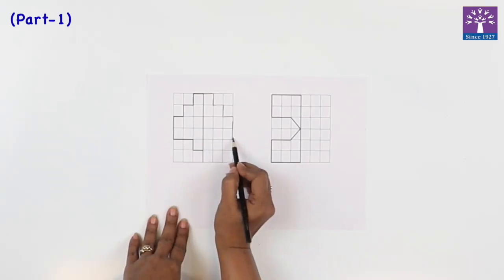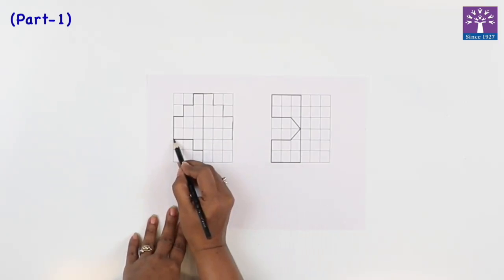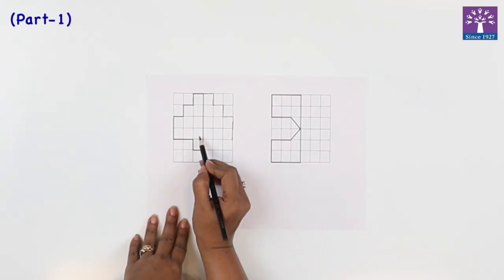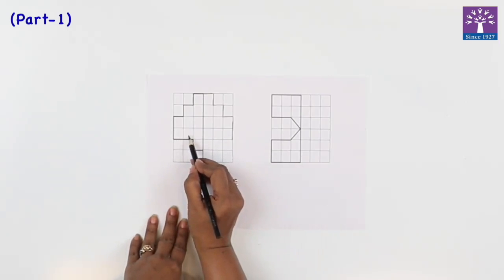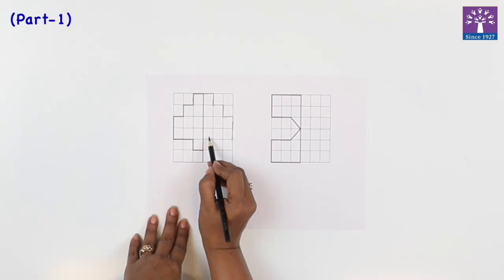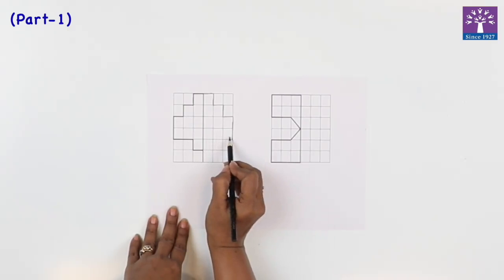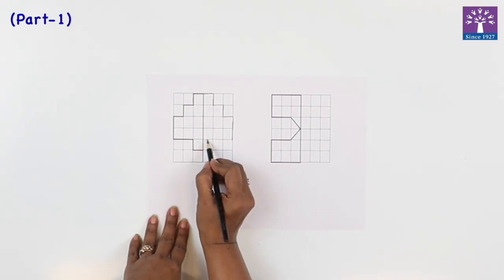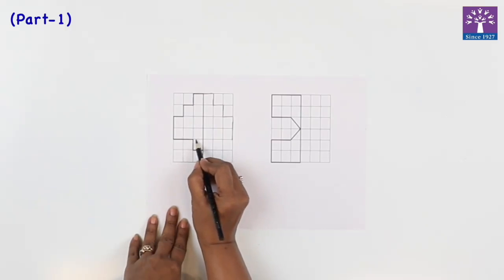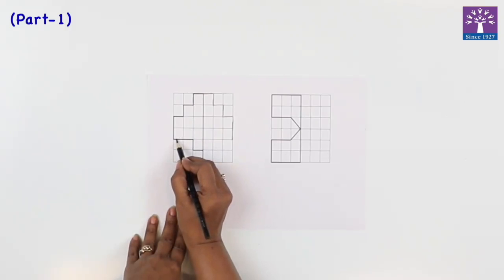We came down to this point over here. See, the same point. Again we are going to count the squares, 1, 2, 3. Let's count the squares on the right hand side of the center line, 1, 2, 3. But see that there are 3 squares, but there is no line over here. So where is the line? On the 2 squares.